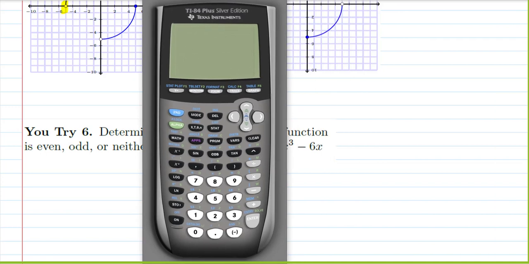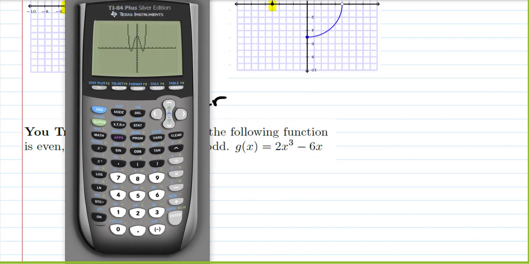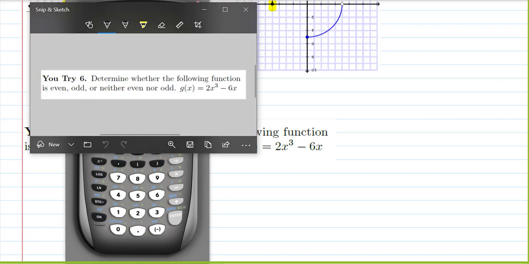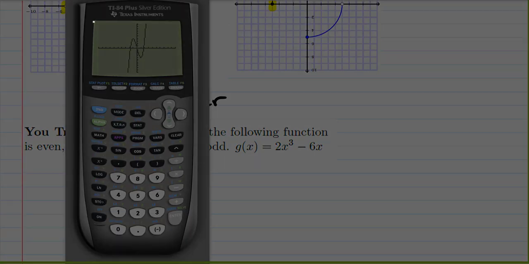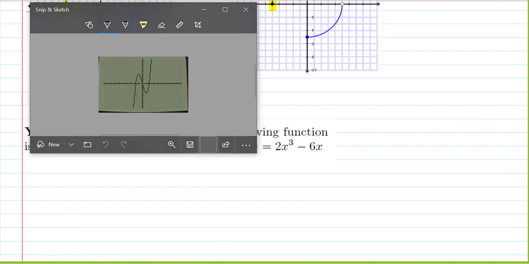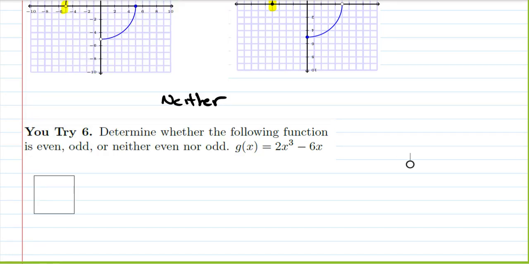So if we were to graph g of x on our calculator, we would have 2x cubed minus 6x, and we graph this thing. And when we look at that picture, what type of symmetry does it have?